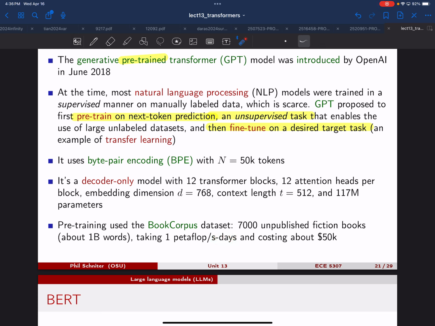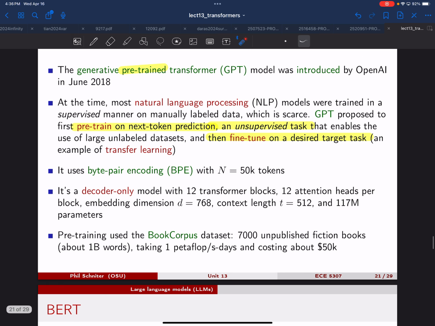So then you could just give that number in petaflops. For some reason, that's not how these things are reported. I don't know why, but these things are reported this way, and then the numbers have a different meaning. So this is petaflops per second times days. Anyway, and this at the time cost about $50,000 to train this model.